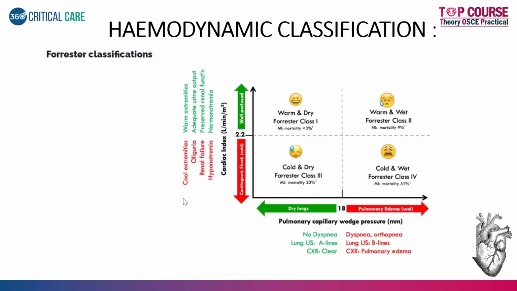It has two parameters: it checks the perfusion status and the congestion status. The perfusion status is indicated by the cardiac index, which is the y-axis, and the x-axis is the pulmonary capillary wedge pressure. Based on these, it is divided into four classes.